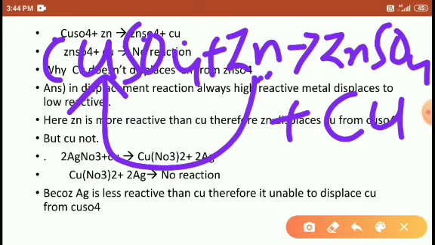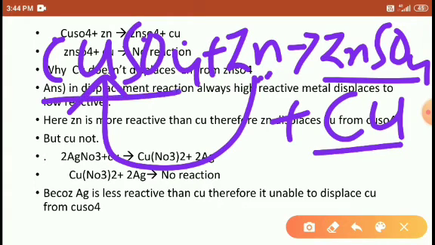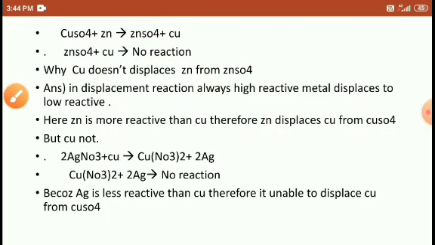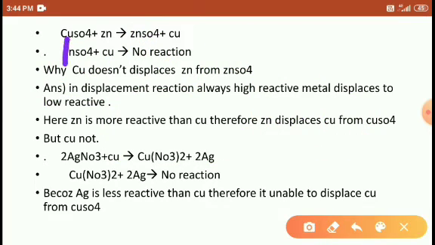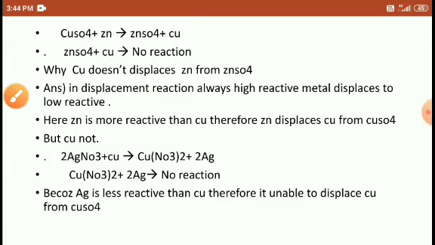Zn replaces the copper to form ZnSO4, and copper is separated from the copper sulfate. Right, students? So look here, copper is separated from copper sulfate, and in place of copper the zinc atom is occupying. So this we call displacement. Displacement is also called replacement, or you may say exchange.